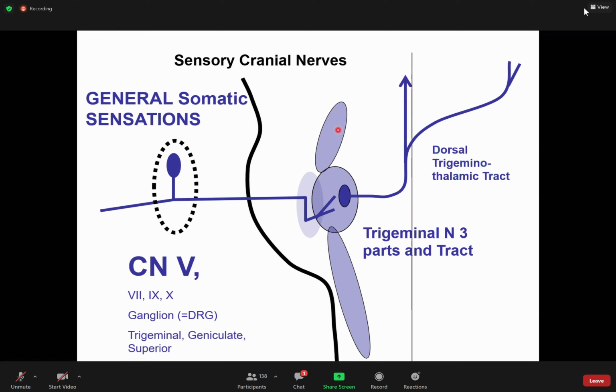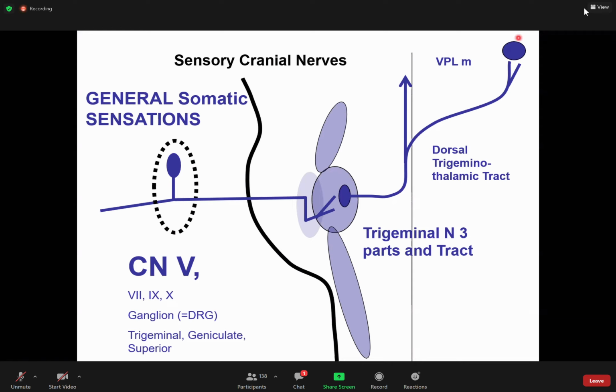The fibers which cross the midline will form the dorsal trigeminothalamic tract, and the ones which remain on the same side will form the medial trigeminothalamic tract. They are going to go to the nucleus in the thalamus called the ventro-posterior medial nucleus. If you remember, in the spinothalamic pathway and the dorsal column pathway, they were going to the ventro-posterior lateral nucleus of the thalamus.